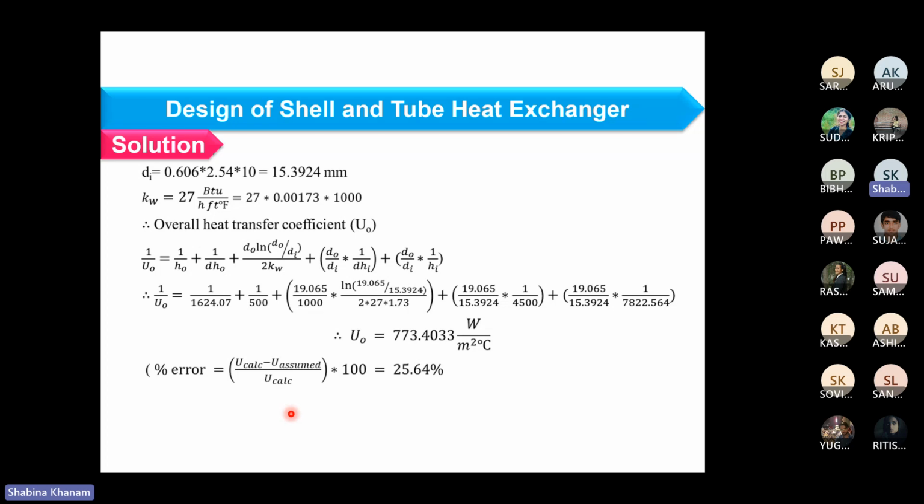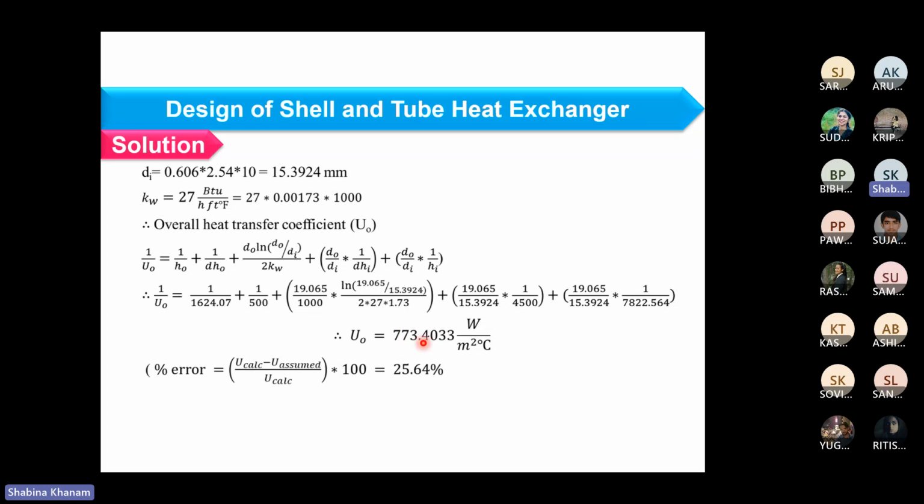Next step is to find the percentage error. Here if you see, the percentage error is coming as 25.6, but there is one mistake from my side. Here I'm having U calculated minus U assumed divided by U assumed, because we are comparing with the assumed value.